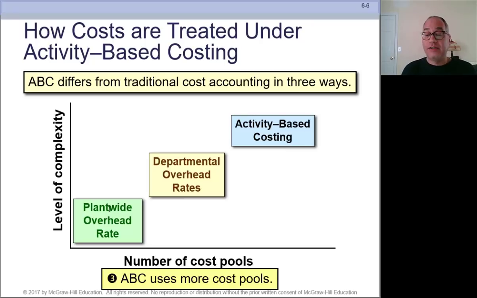Traditional costing had three cost categories, if you remember: direct materials, direct labor, and manufacturing overhead, with a single manufacturing overhead cost pool. What activity-based costing does is it creates several costing pools depending upon what you perceive cost-effect relationships to be.